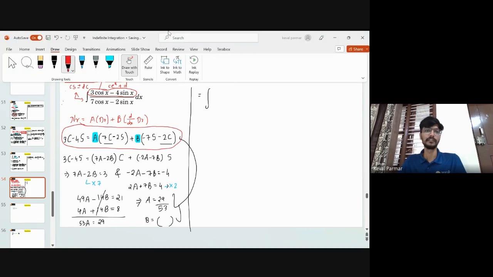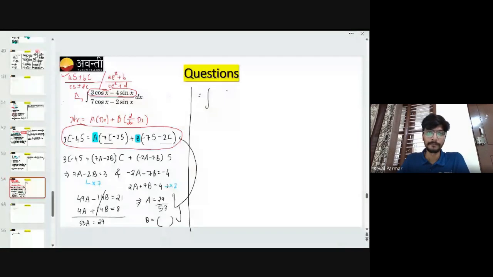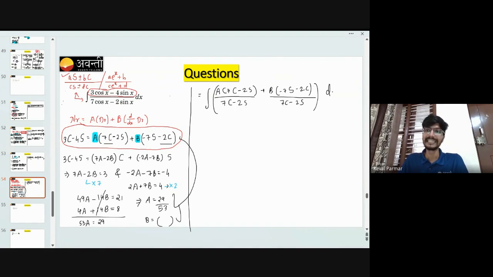So that means I can write A into 7 cos minus 2 sin plus B into minus 7 sin minus 2 cos upon the denominator, मैं स्प्लिट कर रहा हूं. 7 cos minus 2 sin, 7 cos minus 2 sin the whole dx.